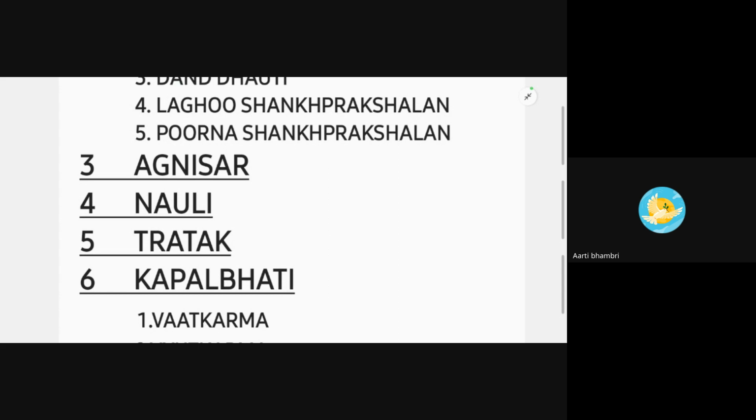The gallstones could be there, or kidney stones, or the one who is having any problem in urination, or who feels nocturnal urination, like in the night the one feels the urge to urinate. These people definitely feel relief after this. Even the Laghu Shankhaprakshalana also gives them relief, but Agnisar and Nauli Kriya help more.